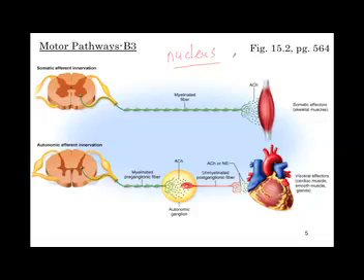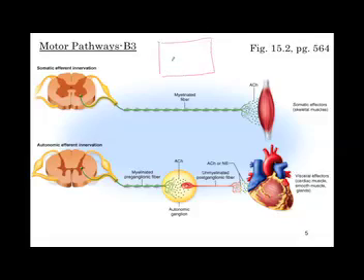So those are the major differences between this somatic motor pathway and autonomic motor pathway. The number of neurons, the neurotransmitters secreted, the fact that there's a ganglion, and the effectors, and the location of the motor cell body. Now, you don't have to do this, but you can.